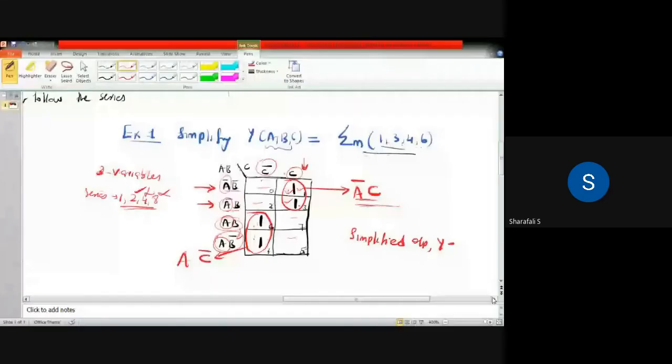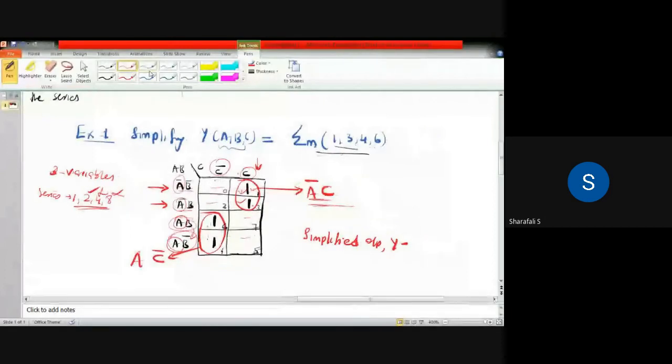So the total output will be the simplified form: Y equals A C bar plus A bar.